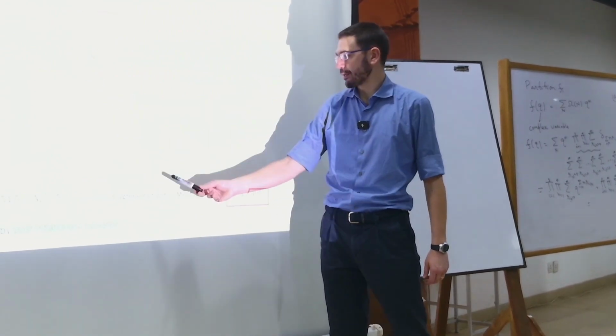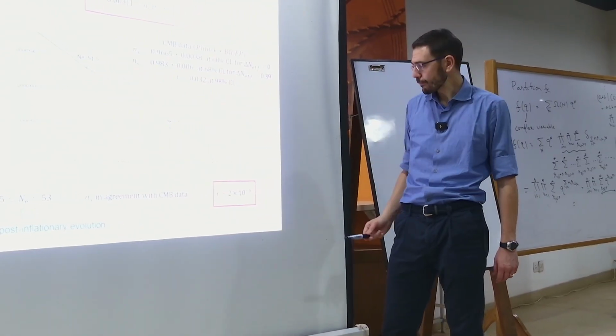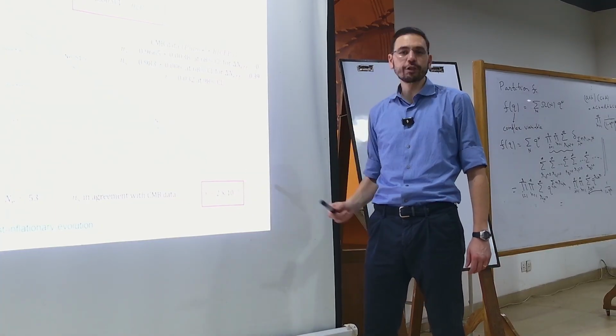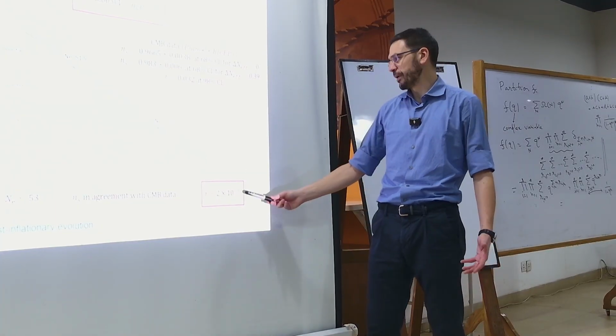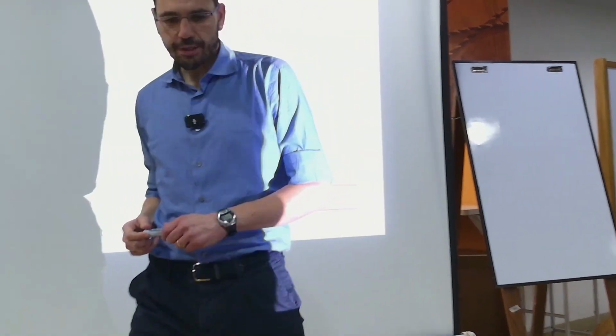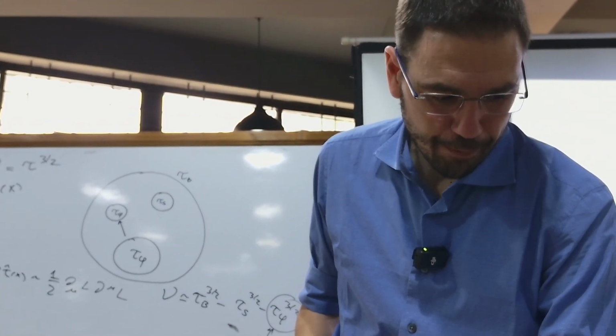And then you get the spectral index, which is in very good agreement with data. And the tensor to scalar ratio that we find is of order 10 to minus 5. So it's pretty small, in agreement with data, but still fine. So that will be a prediction for future observations.